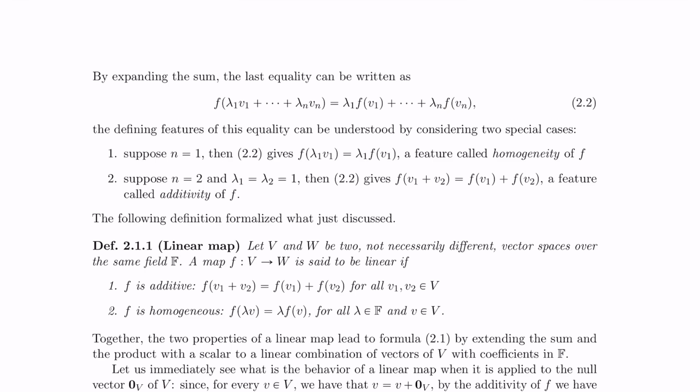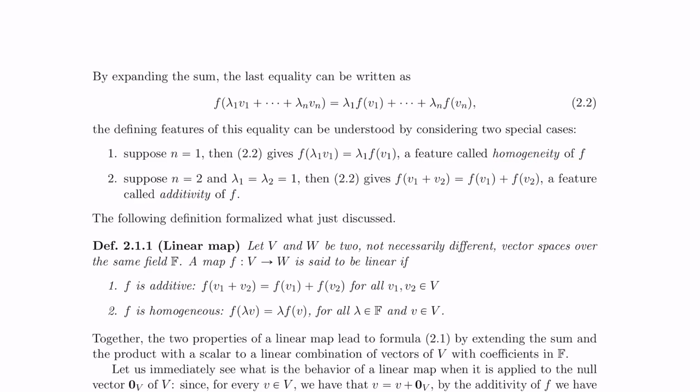The two defining features of this equality can be understood by considering n equals 1 and n equals 2. When n equals 1, then this formula becomes f of lambda 1 v1 equals lambda 1 f of v1. This is called homogeneity of f.